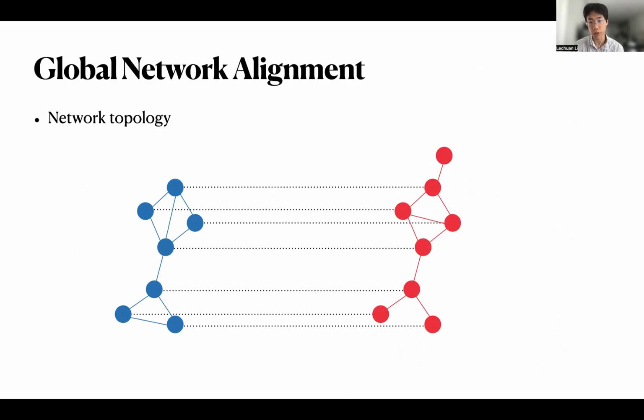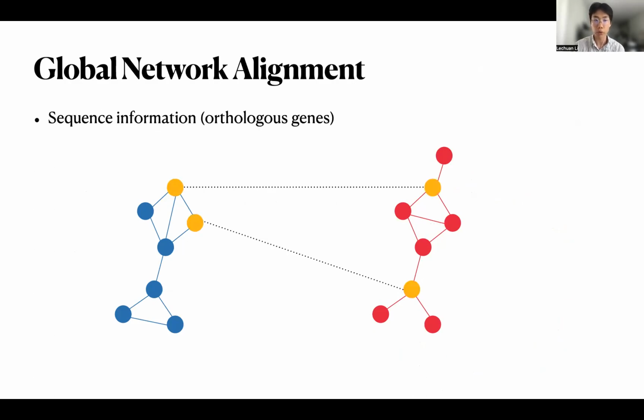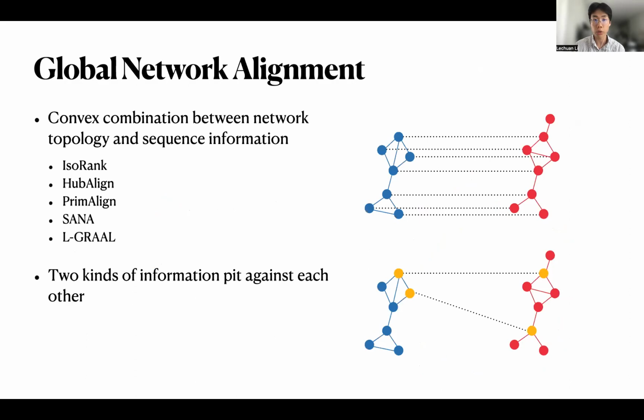the functional relationship between genes across different species. And we still want to use the orthologous information I talked about before. These two kinds of information are the main information used by the existing global network alignment methods.